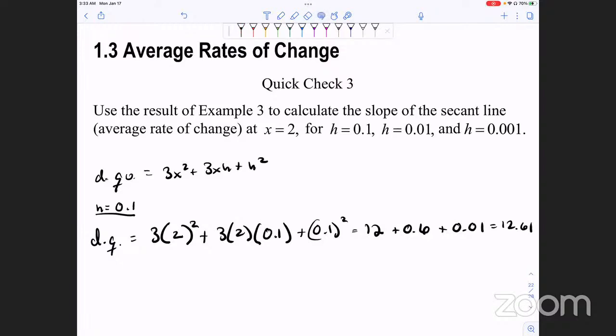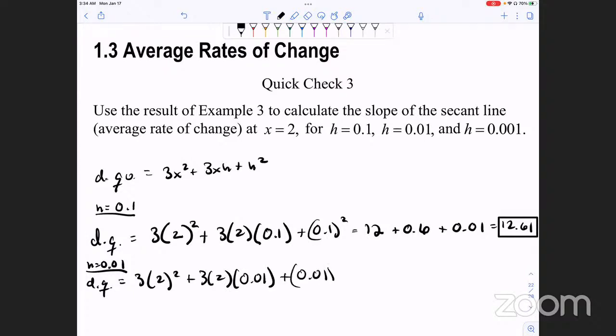Okay, I'm going to go with it. Then h equals 0.01. The difference quotient is 3 times 2 squared plus 3 times 2 times 0.01 plus 0.01 squared.